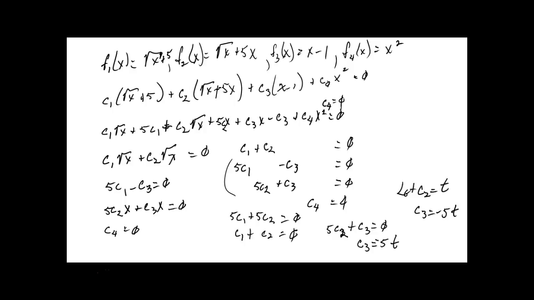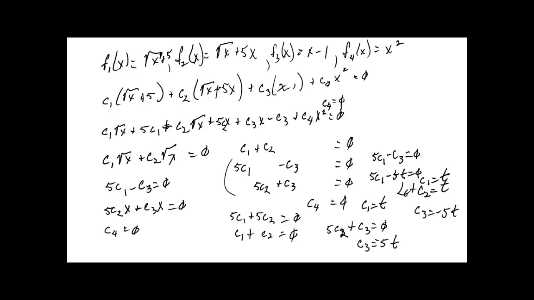And then from this one, 5C1 minus C3 is equal to 0, but C3 is 5C1 minus 5t is equal to 0, so therefore C1 is equal to t. So C1 is equal to t as well. That's not right.